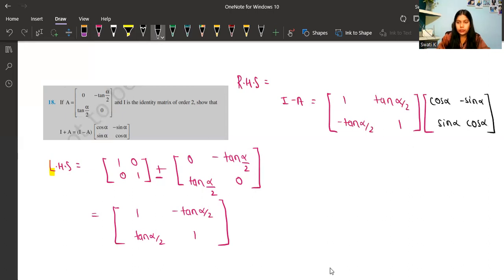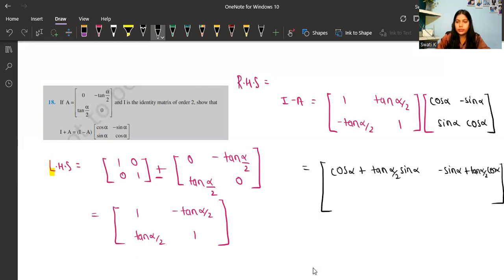All right, so now we need to do the product here. Let's simplify this, and this is, trust me, very, very simple. If you simplify this, this is going to be 1 times cos alpha is cos alpha plus tan alpha by 2 sin alpha. This is the first entry. Next is minus sin alpha plus tan alpha by 2 cos alpha.